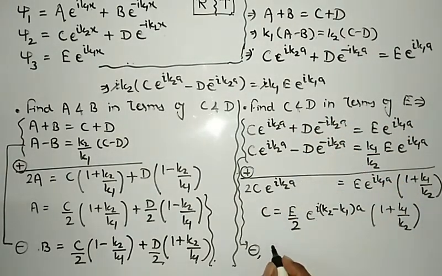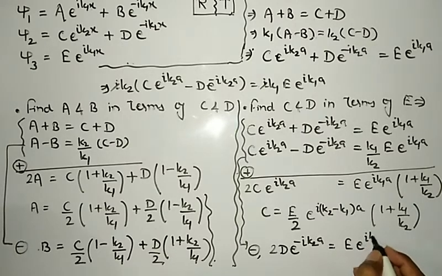So 2d e to the power minus i k2 a is equal to e to the power i k1 a common, and we get 1 minus k1 upon k2, and as same we can shift this 2 here.